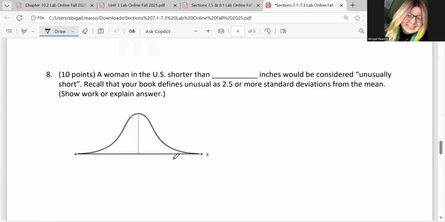And then our last question here, question 8, wants us to recall what it means to be unusual. So you're going to use that concept that we have a reminder here about: unusual is 2.5 or more standard deviations from the mean. So just keep those little tips in mind, and if you have any questions, be sure to reach out to your instructor.